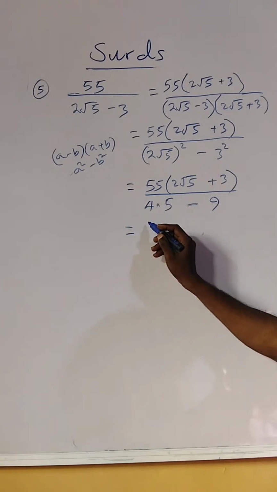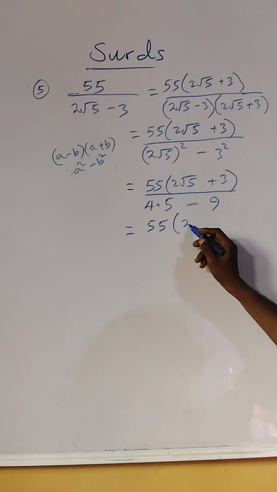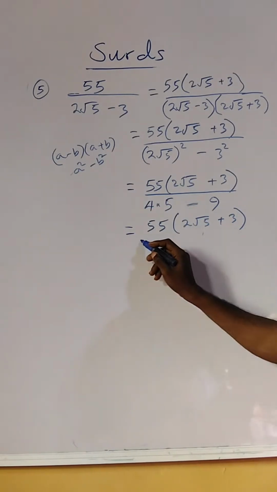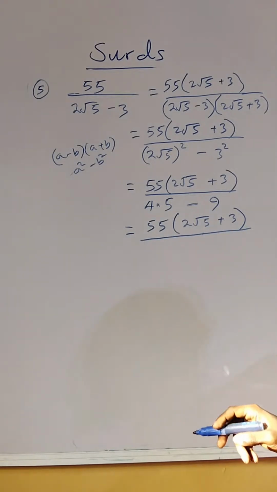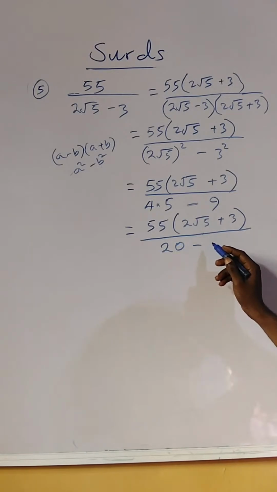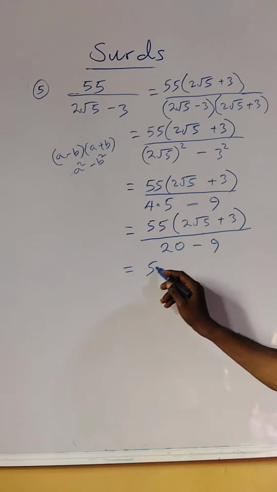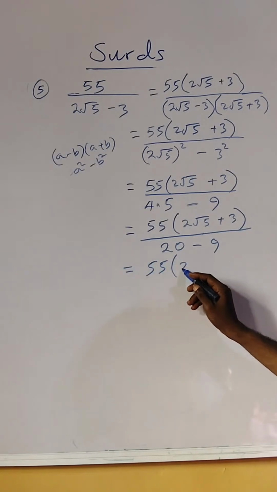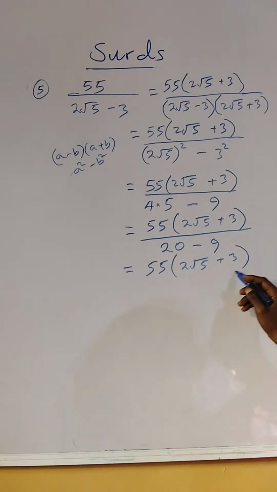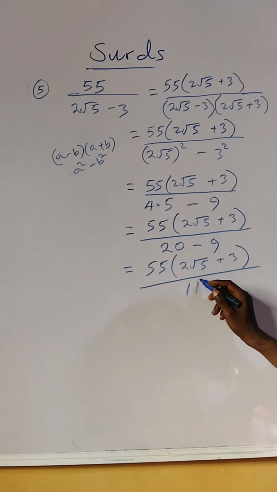Okay, so here we still have 55 into bracket 2 root 5 plus 3, then over 4 times 5, that's 20, minus 9. That is, here we have 55 into bracket 2 root 5 plus 3 over 20 minus 9, that gives us 11.